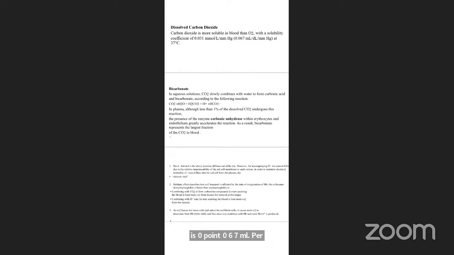Second is the bicarbonate, which forms 90% of the carbon dioxide transport. Carbon dioxide slowly combines with water to form carbonic acid in aqueous solutions, and the bicarbonate, according to the following reaction: carbon dioxide plus water forms carbonic acid, and this again gives out hydrogen ions and a bicarbonate.